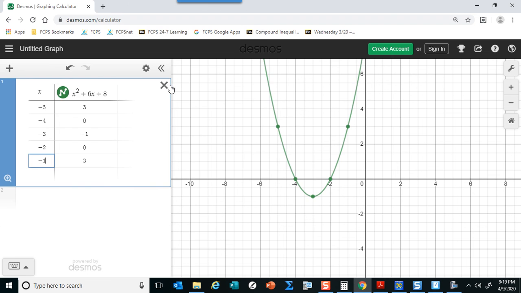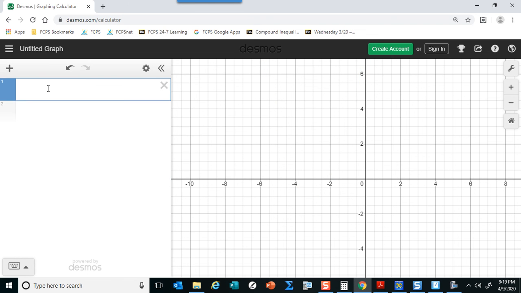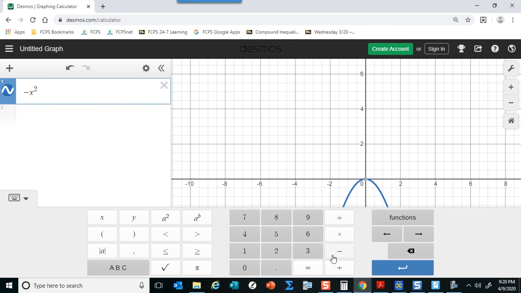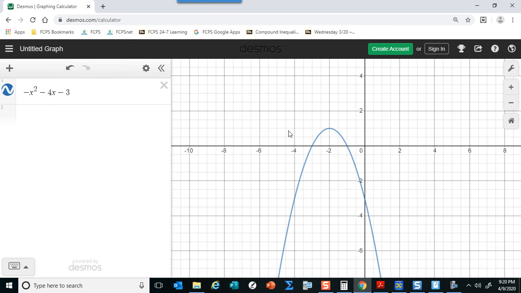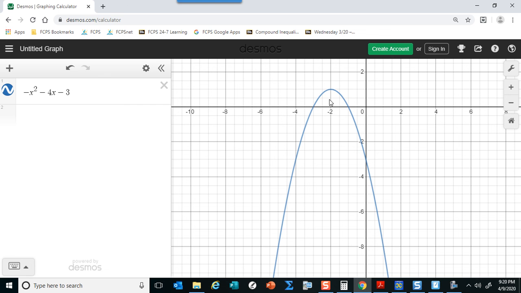Clear our graph and our final example here. F of x equals -x squared minus 4x minus 3. My vertex is -2, 1. My axis of symmetry is x equals -2.